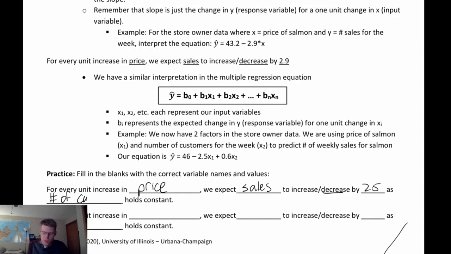So in other words, if I'm comparing 2 weeks where I had the same number of customers in the store, the only difference being that the price of salmon was $1 higher one week than the other, then this is how much effect I expect to see in weekly sales between those 2 weeks if that's changing and number of customers remains the same. And I feel like ideally I should have said on average in each of these interpretations, and I'm realizing that now.